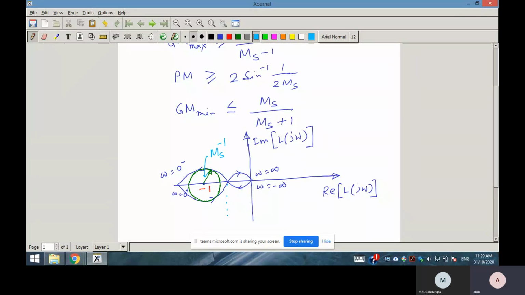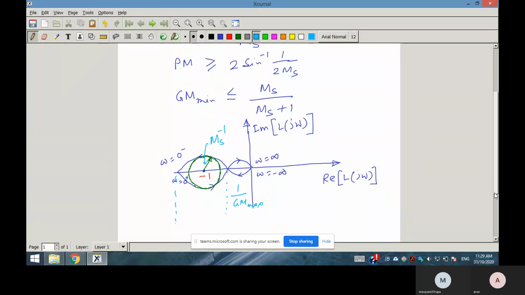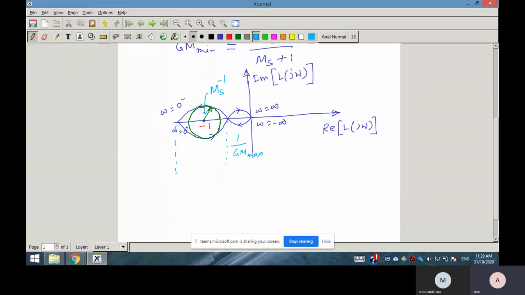This distance is 1 by GM max, and this distance is 1 by GM min. All these things we already saw in the last class.